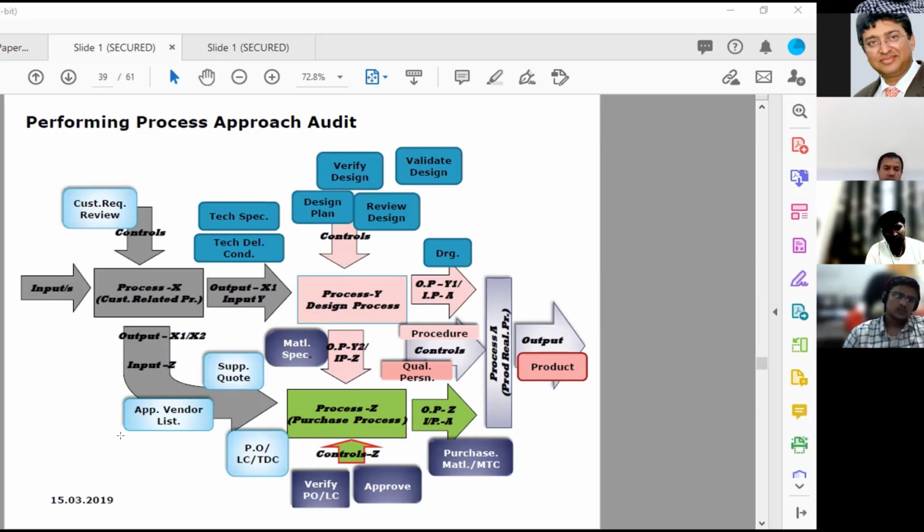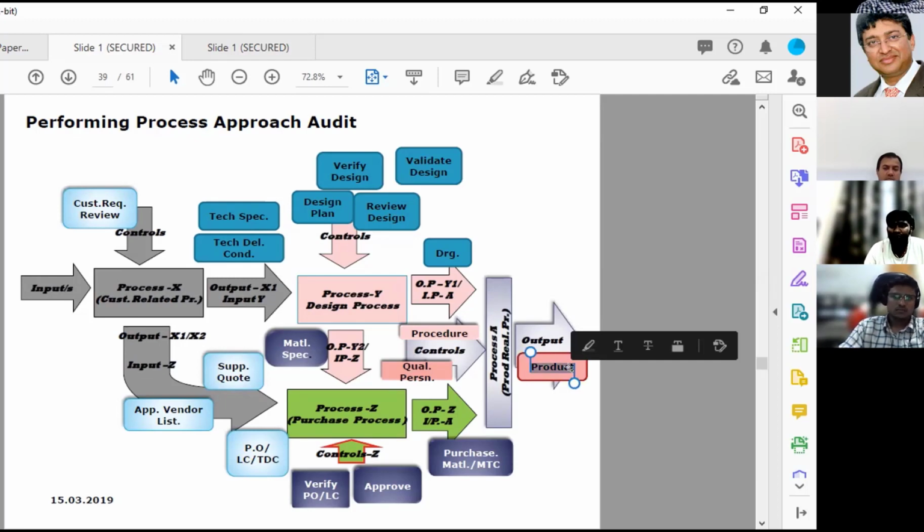Do you agree with me? Yes, sir. So as an auditor, your points of verification would be all these. You have to check this process, this input, this output, all these points are your checkpoints as an auditor. If all these things are controlled properly, then your finished product will meet customer requirements. If anything goes wrong, the finished product will be affected.